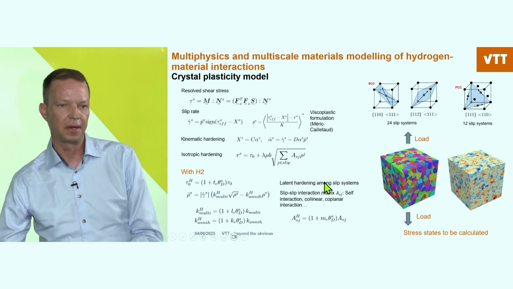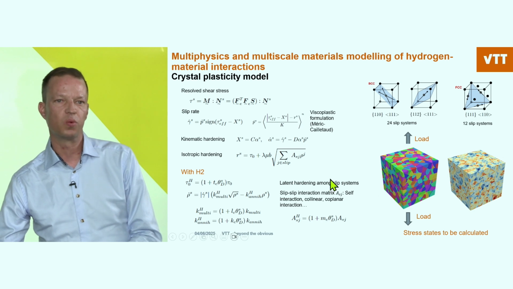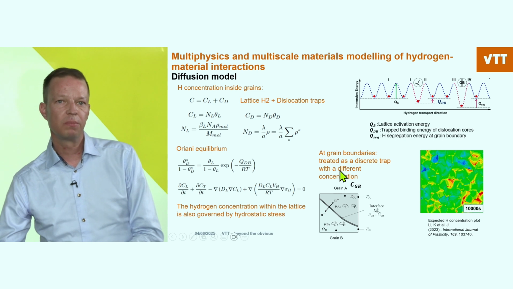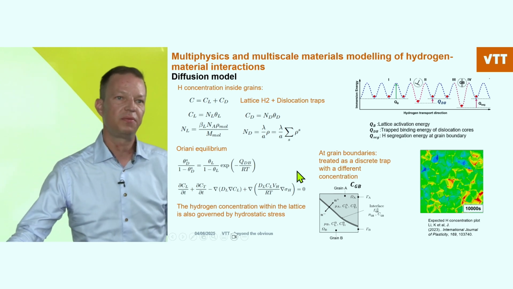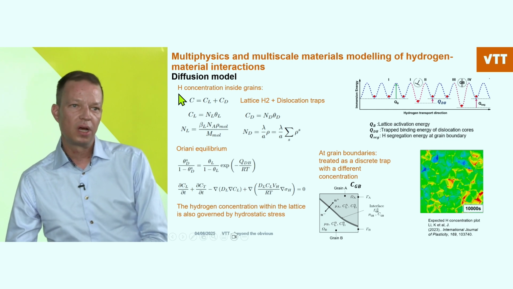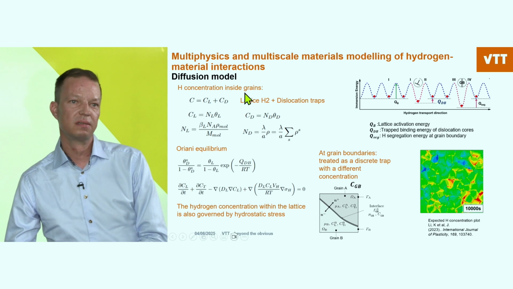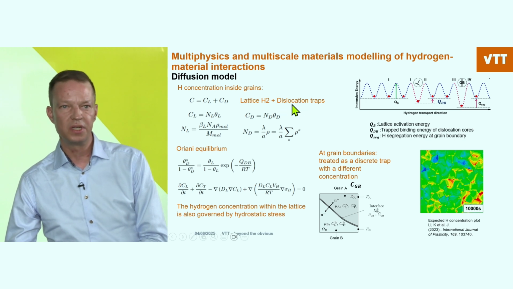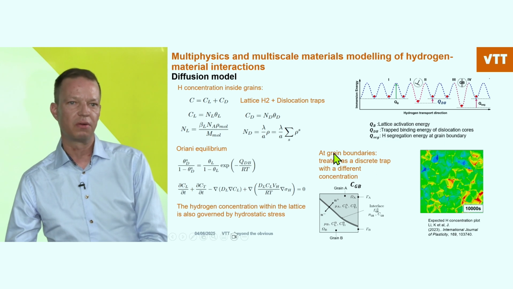Is there hardening, is there softening, or what is happening over there? Besides this, we need a diffusion model. We need to look at how the hydrogen is going inside the grains, what happens when you have dislocations in your grains, and also look at the grain boundaries over here.